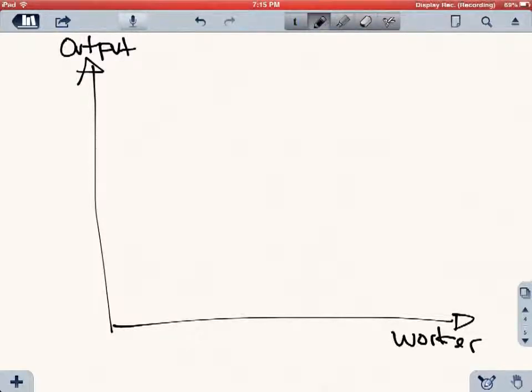You will see the same pattern in a very interesting way. Say you have 5 here, 10, and then 15 up here. So the first worker allows you to produce 5. When you have no workers, you produce nothing.